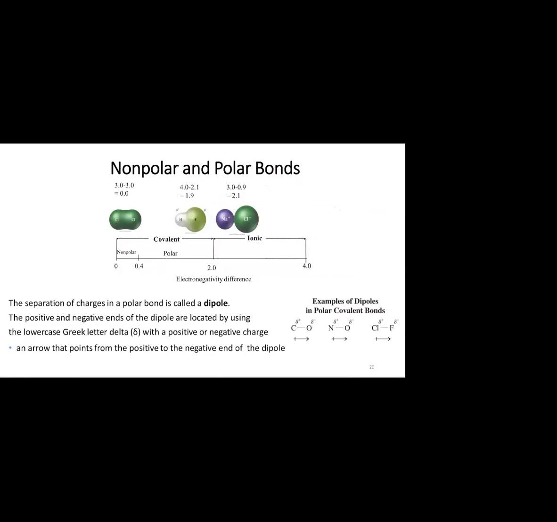Out of those two families, covalent bonds divide further because we can have nonpolar covalent bonds and polar covalent bonds. Ionic bonds do not divide further, okay? So how are we going to utilize electronegativity to determine the polarity of a bond in the following manner?